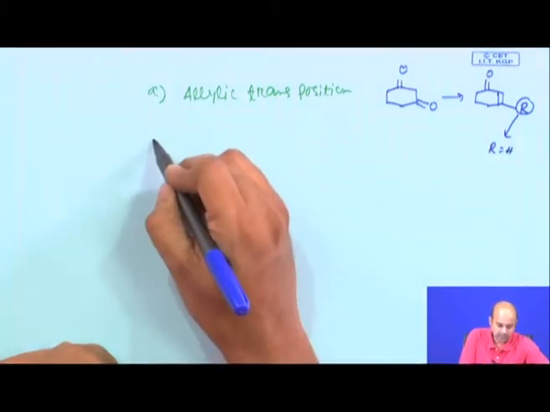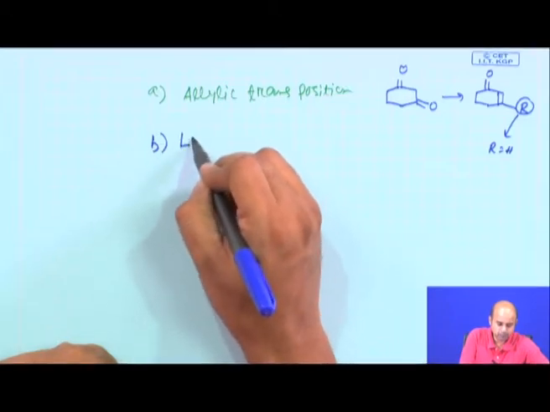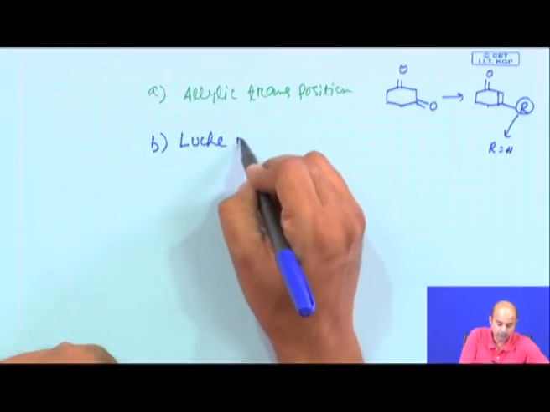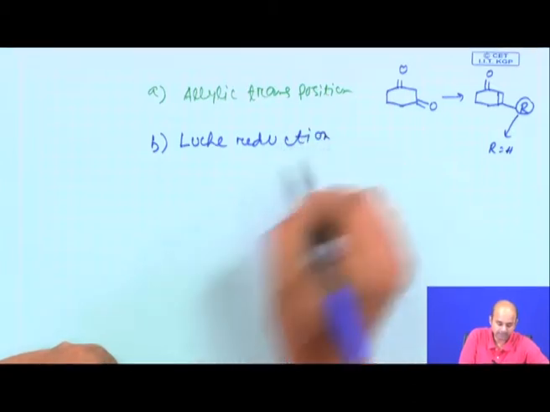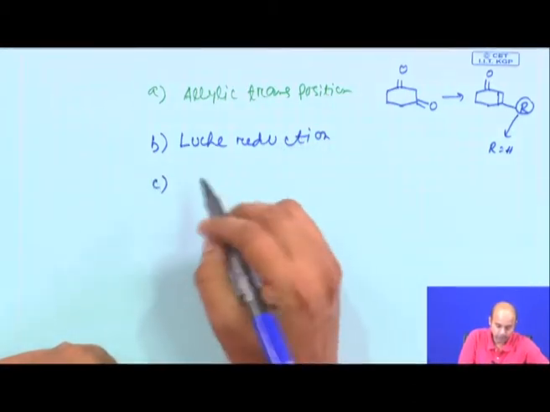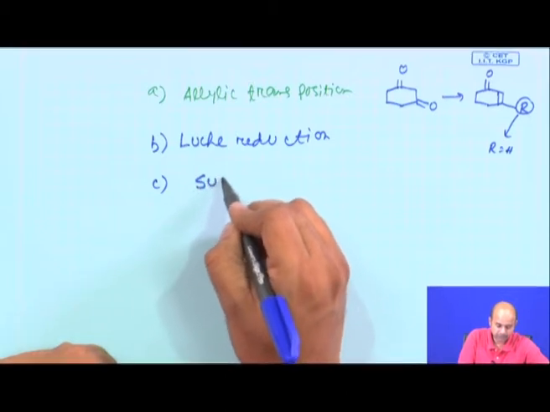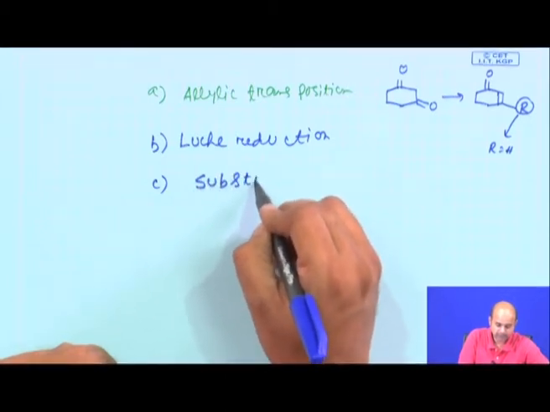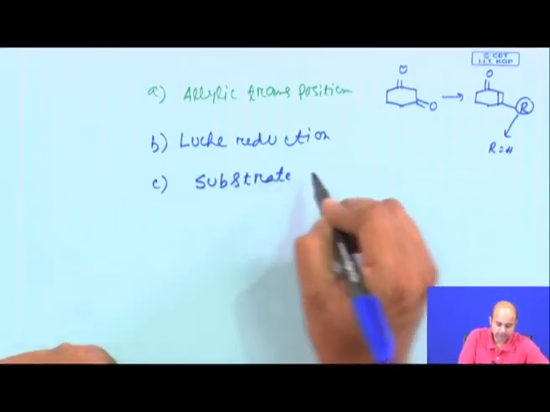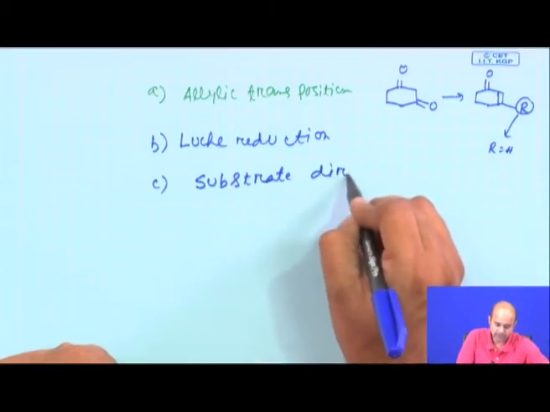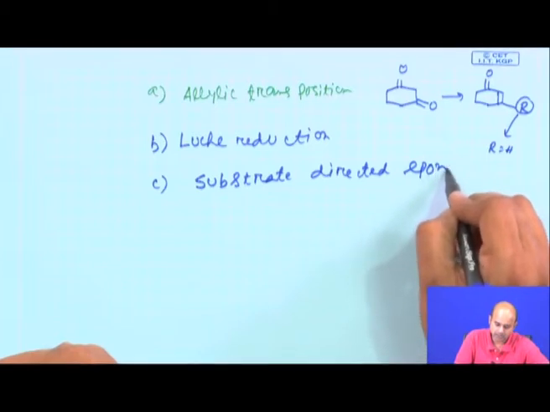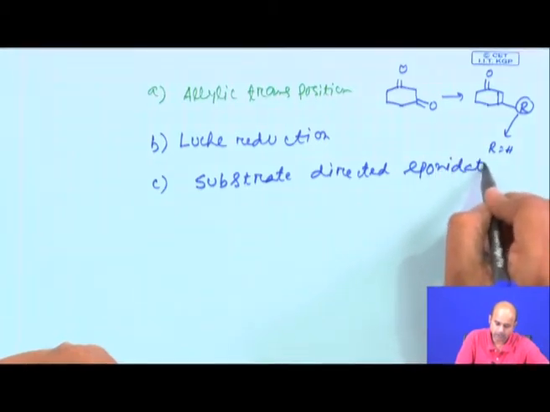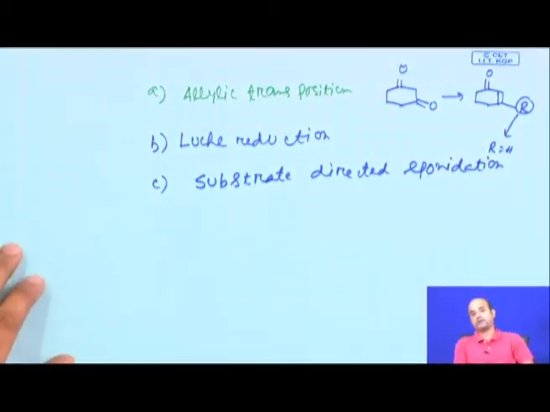Then we are doing a Luche reduction, which is a very useful transformation, and then we are doing a substrate directed epoxidation, and this particular reaction we will be discussing when we talk about stereochemical strategies.